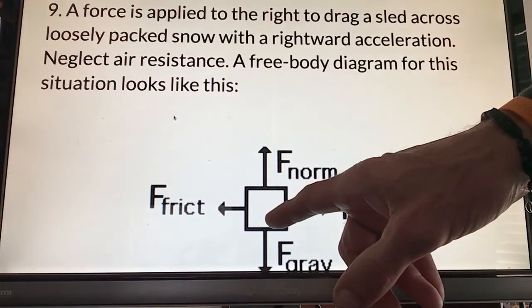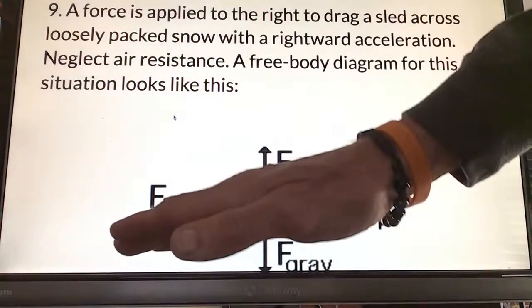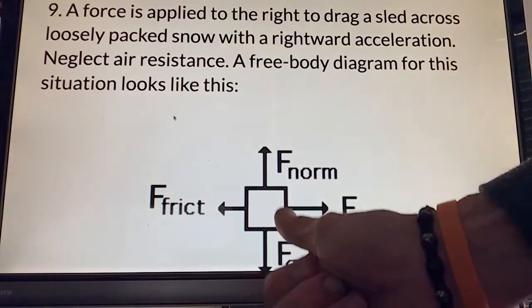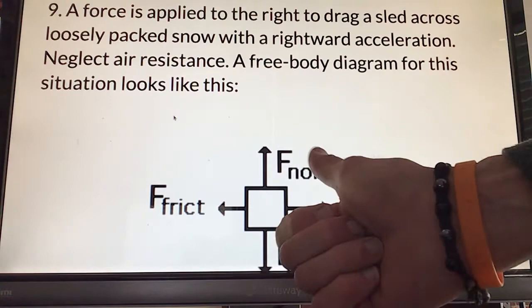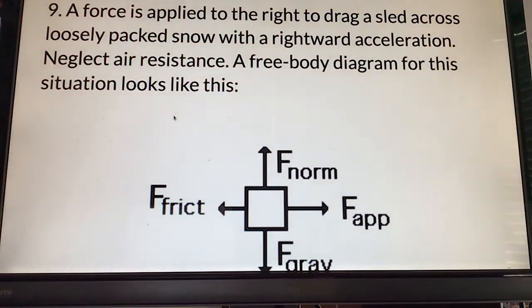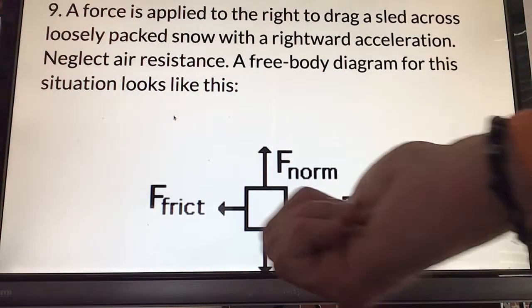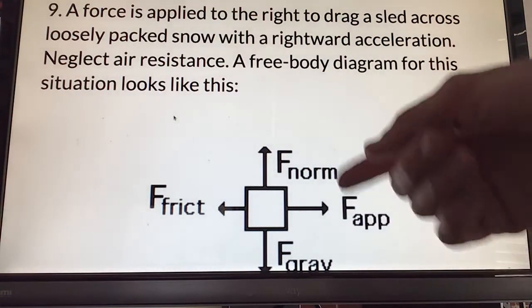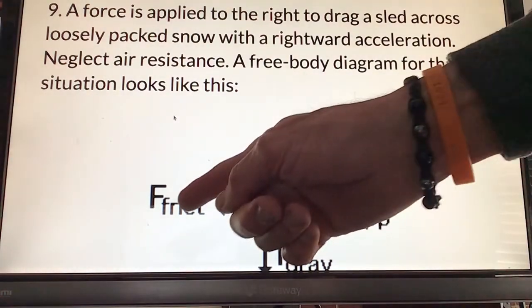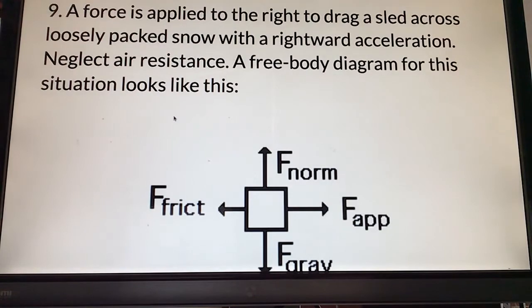So here's the sled. You're always going to have F grav pulling down. The ground and the snow create what's called the F normal force pushing up on the sled. Applied force to the right. F app is applied force. Friction between the snow and the sled is working against the applied force. When you drag a sled across the snow, it's hard because you get some drag.